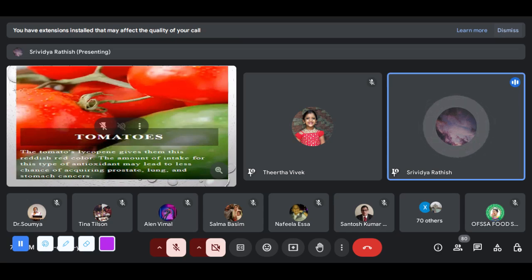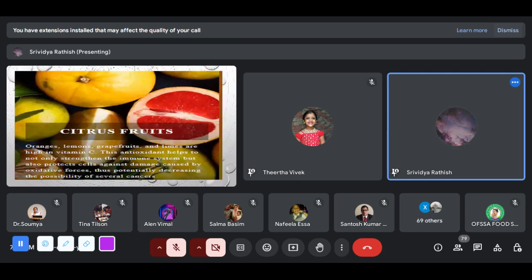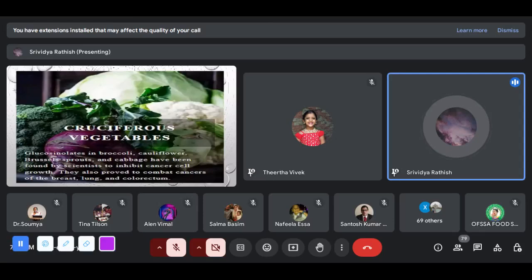Tomatoes, again, the active ingredient is lycopene. This is the anti-carcinogen which is available in tomatoes. Citrus fruits, its active ingredient is something called hesperidin, again an antioxidant, lots of vitamin C. Chlorophyll is supposed to be a very effective chemical, especially in cancers of the gut.